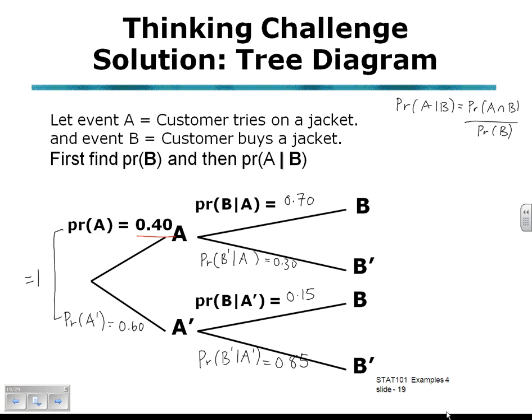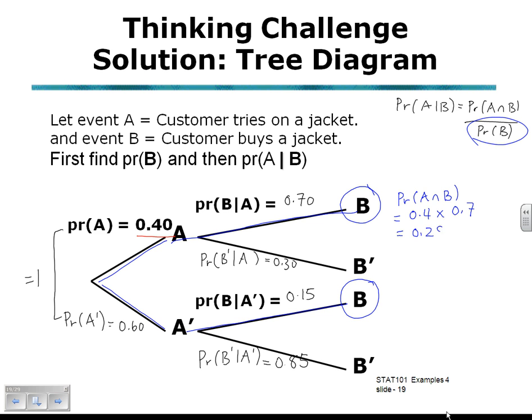Looking at the tree to determine which branches will give us probability of B, those two paths will both lead us to a total probability of B. Considering the first branch, if we multiply going across the tree, remember, this will give us the probability of A intersection B. 0.4 multiplied by that 0.7, or a total probability of 0.28.